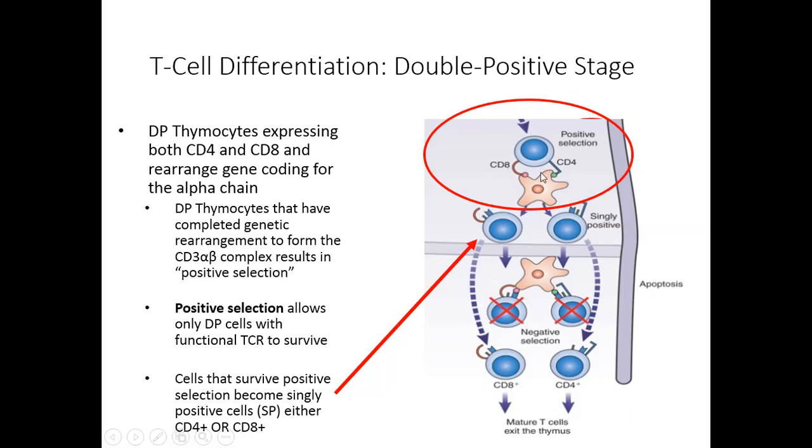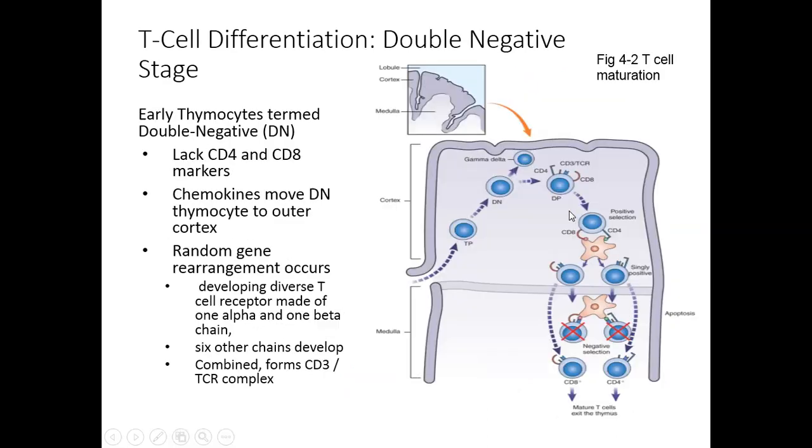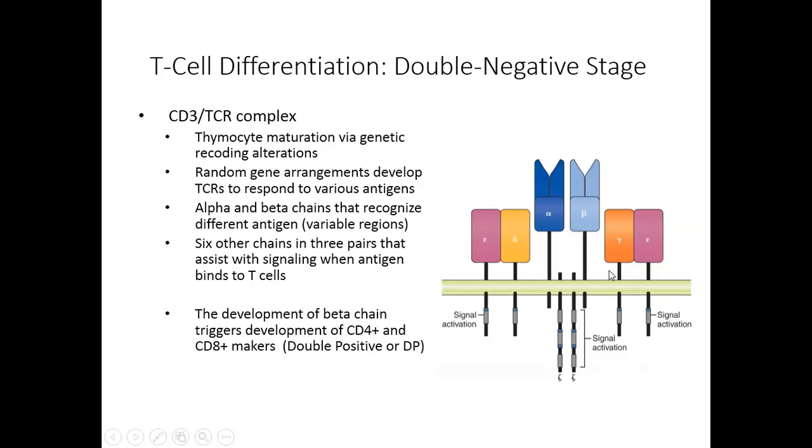So functional T cell receptors result in a single positive cell. We end up with either a CD8, this is the CD8 marker, or this one's the CD4 marker. Again, we call these cells singly positive cells because they have only CD8 or CD4.